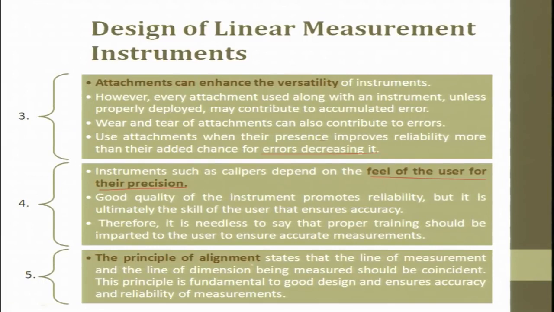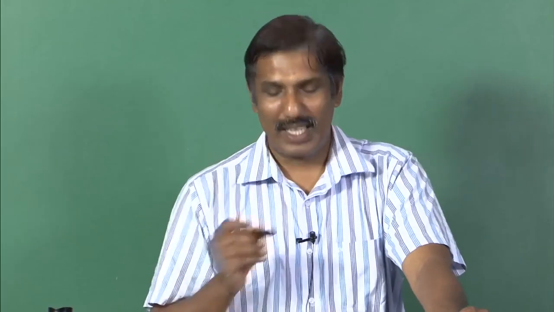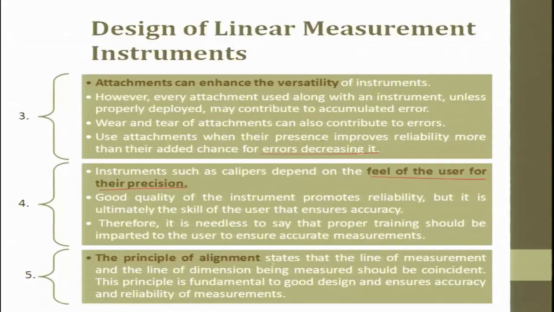The principle of alignment, which is very important, there is something called Abbe's error. The principle of alignment states that the line of measurement and the line of dimension being measured should be coincident. This is a very valid point. If the lines don't coincide, then there is a small angle which gives you a different value.